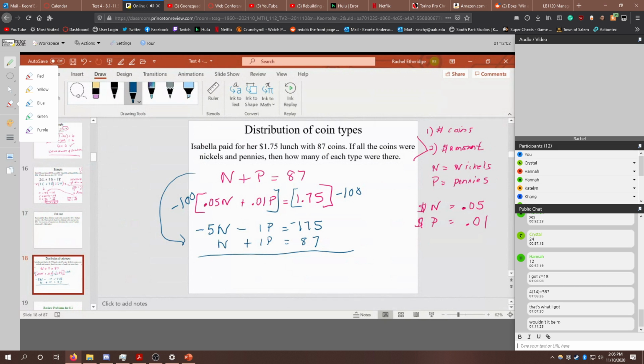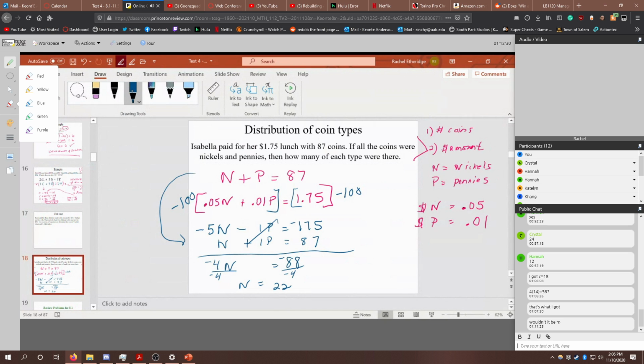So now I'm going to add, and the p's are going to cancel, and I have negative 4n equals negative 88. Divide by negative 4, I get n equals 22.